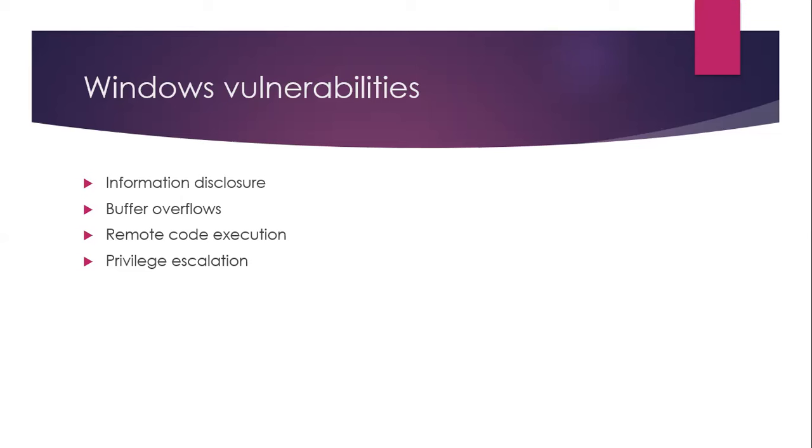We also have remote code execution. Remote code execution is when you can remotely execute code even when you are not physically present or don't have physical access to the victim system. In Windows you can remotely execute in so many ways.